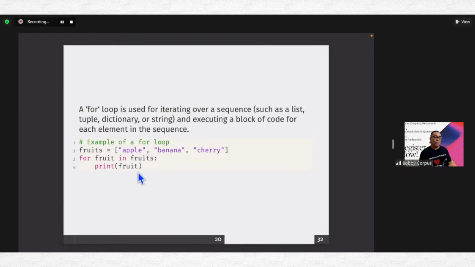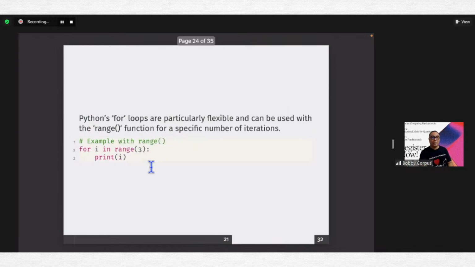If you want to loop over that, you just specify the name of a variable that will take on the values of the elements one at a time in the loop, and then you can print that. In this case, we just print it. Very simple.